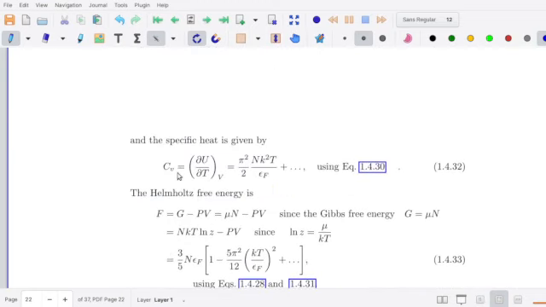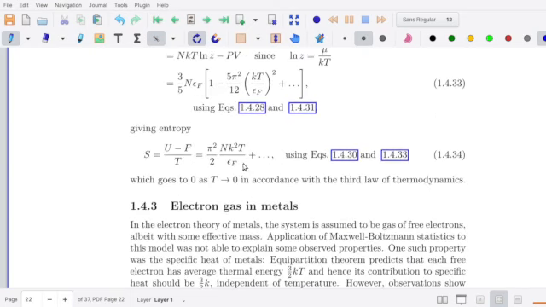And we can also show that the specific heat at constant volume is going to be proportional to T for the degenerate case. And this happens when the temperature is much below the Fermi temperature.